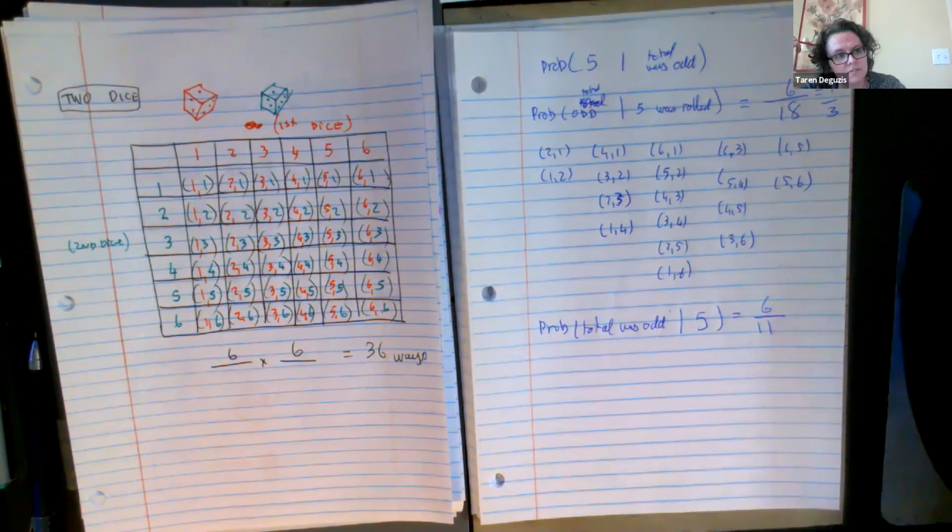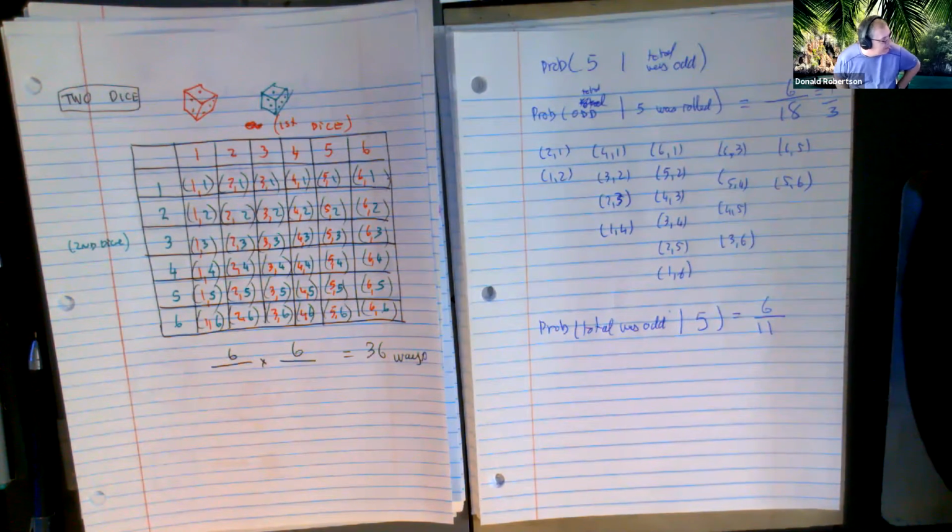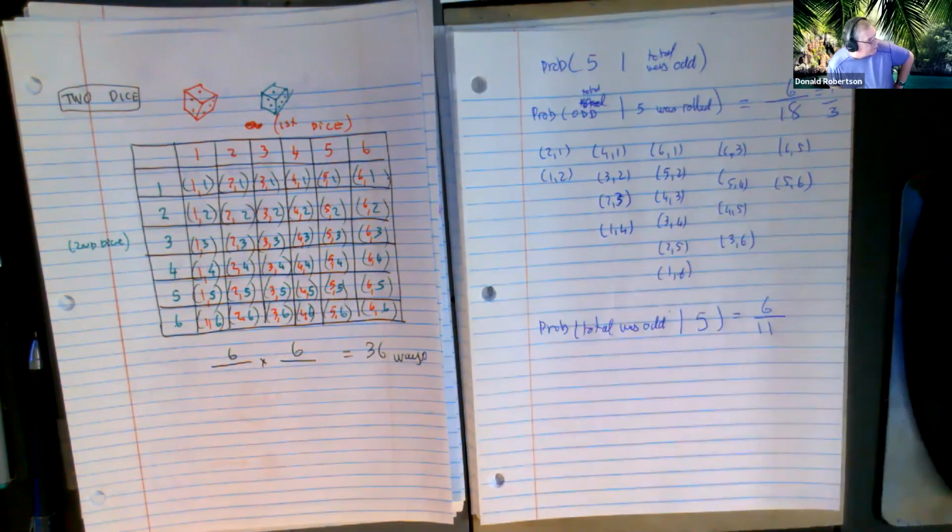It's 15 part B. Okay. Suppose a pair of dice is rolled. Consider the sum of the numbers on the top of the dice and find the probabilities and enter them as fractions. So odd, given that a 5 was rolled.